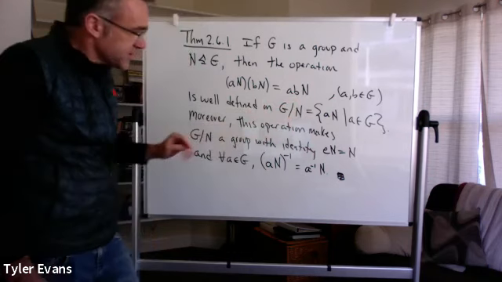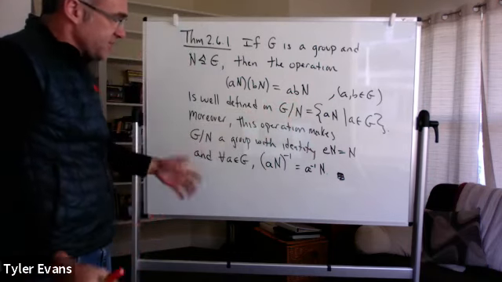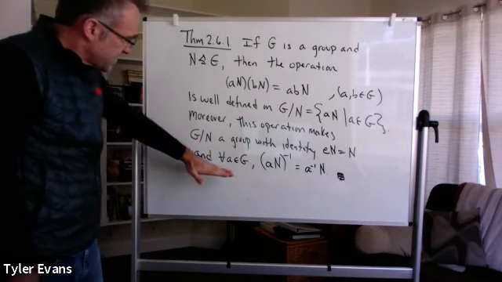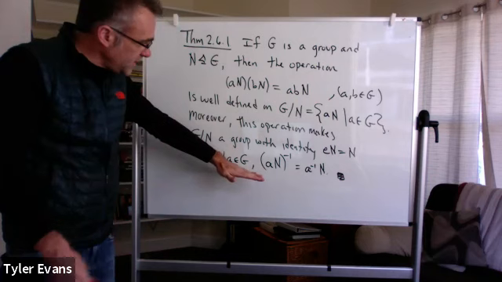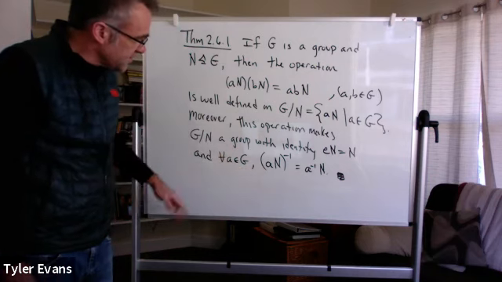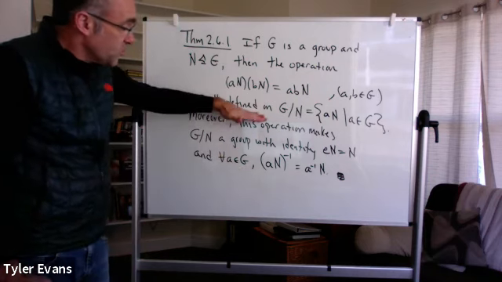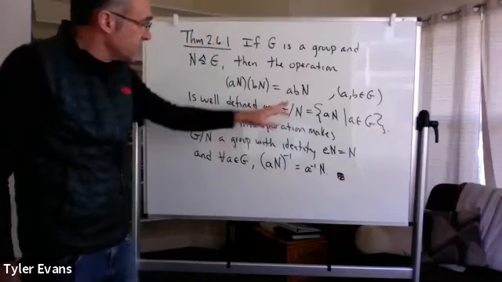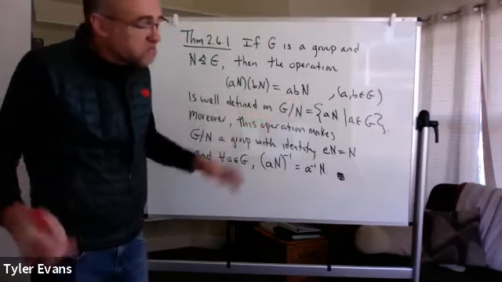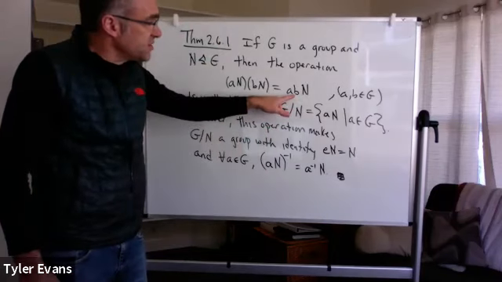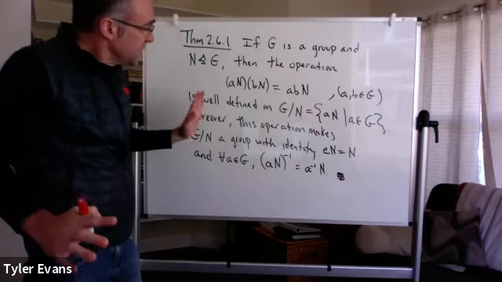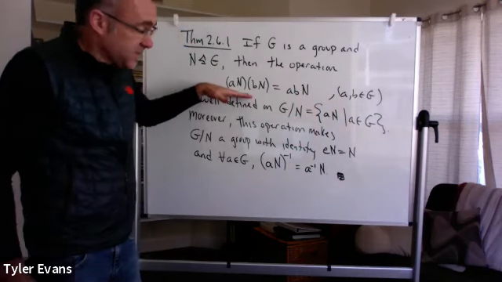So I am going to assign it to you as an exercise. We can talk about it in a face-to-face Zoom meeting where we're online at the same time. But what remains to really justify that this proof is done? Well, you need to show this operation is associative. Okay, well, it's defined in terms of an operation in G that's associative, so it should be done, but doable, but you need to do it.